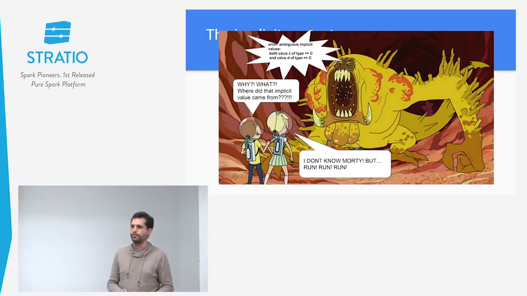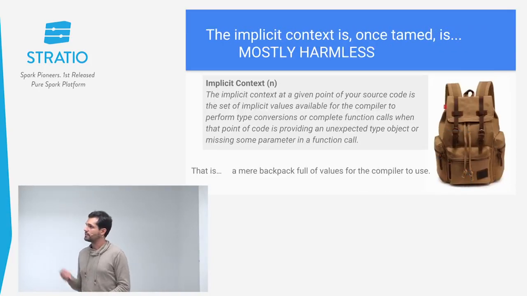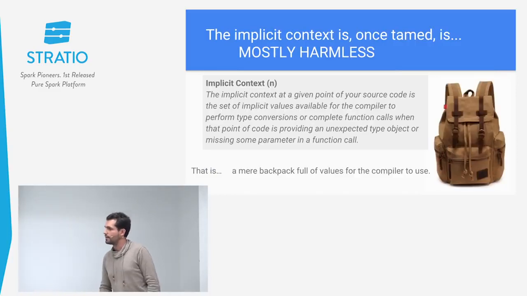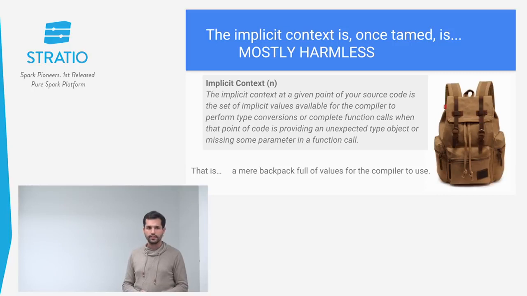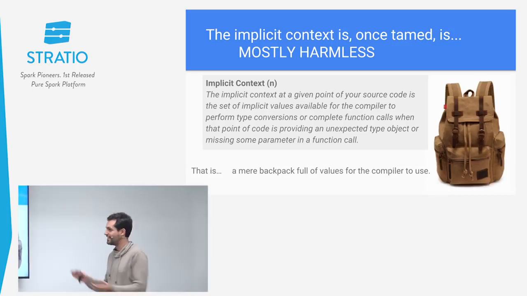But that isn't true, okay? That's because people usually don't have a clue how the implicit values and conversions are applied or where they come from. This monster we have seen before is just a backpack. You wouldn't fire a backpack, would you? I mean, that monster is just this.